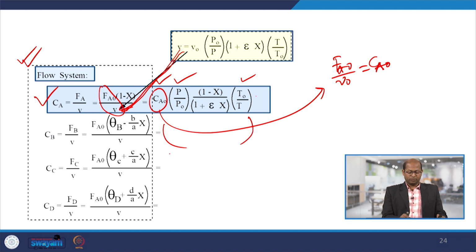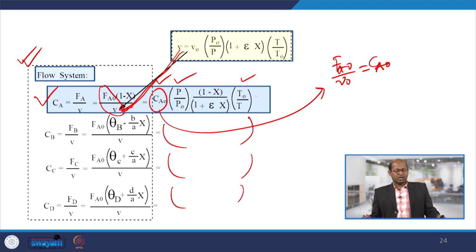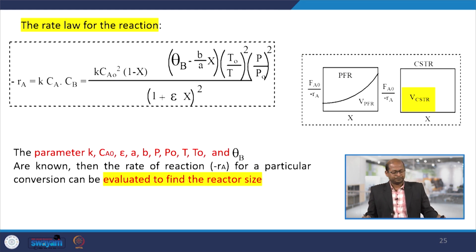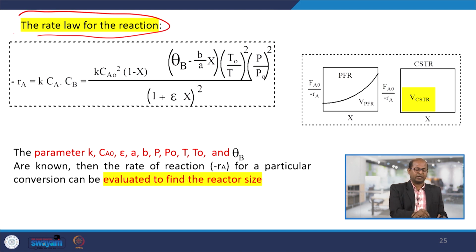Similarly, for components B, C and D we can express the final concentration of each individual component in terms of temperature, pressure, conversion, initial concentration and fractional volume change. So for flow systems and batch systems, we have expressed the concentrations considering volume changes, temperature changes and pressure changes. Now we come to the rate law, the rate equations.